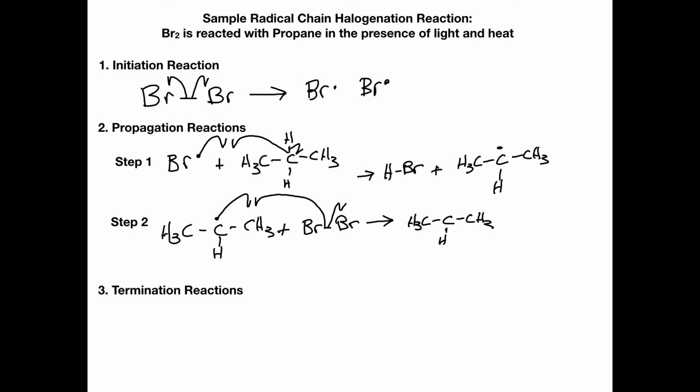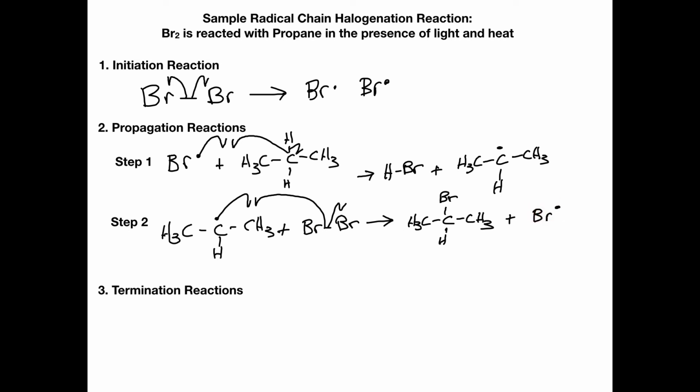All right, and so that allows us to generate a product, which has a bromo group added to it, and all propagation steps regenerate a new radical. Once again, we're consuming this radical by reacting with bromine, we're forming a product, and then we're regenerating another bromine radical.